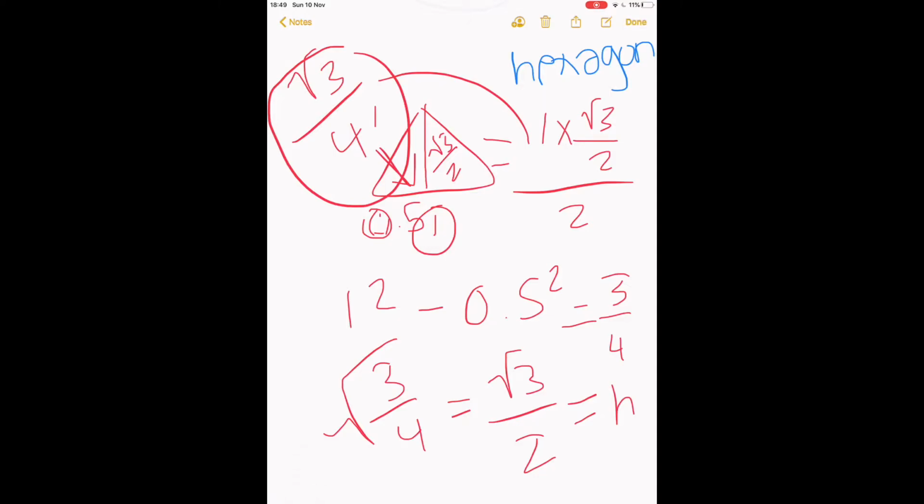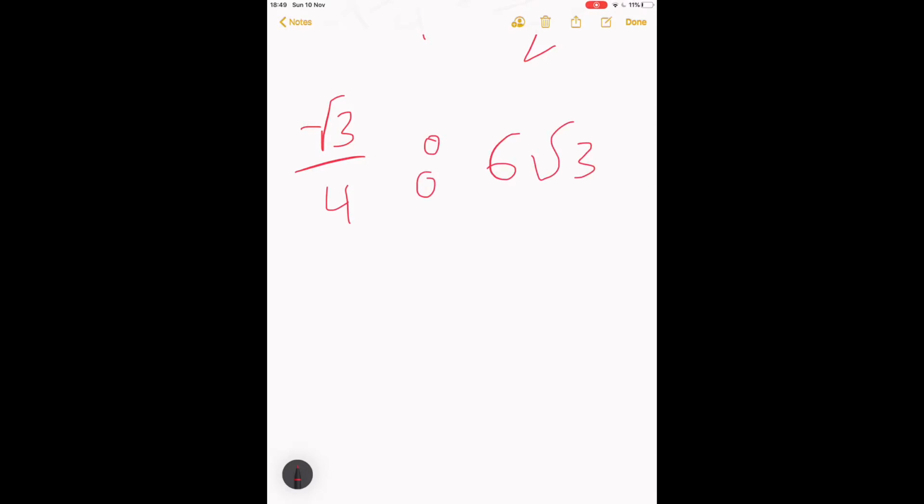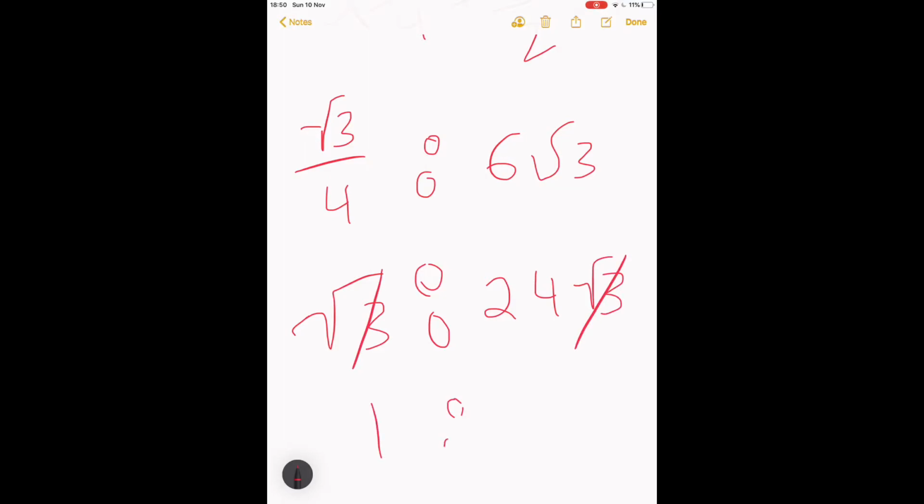Our whole triangle. So now if we compare both areas, we have our root 3 over 4 to our 6 root 3. So to fully compare it with the same bases, we can multiply both sides by 4. So you basically have root 3 equals 24 root 3, and then cancelling both sides out, you have 1 to 24.